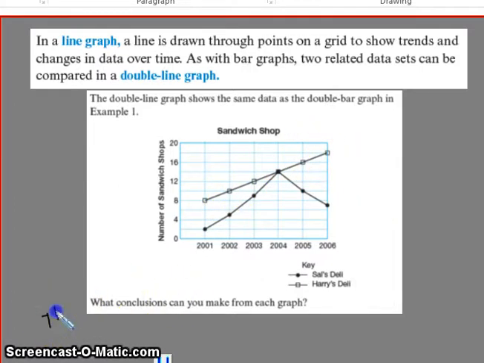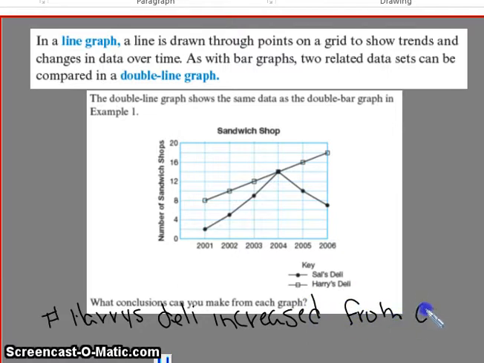The number of Harry's Deli steadily increased from 2001 to 2006. We could also say that Sal's increased until 2004 and then decreased until 2006. Those are some conclusions that we can make from this graph.